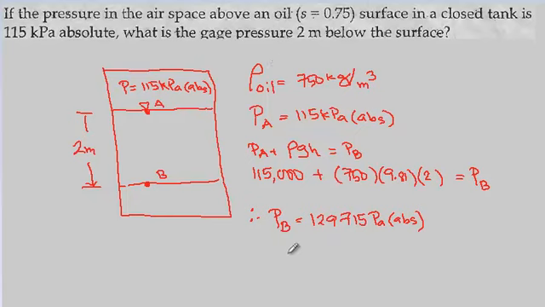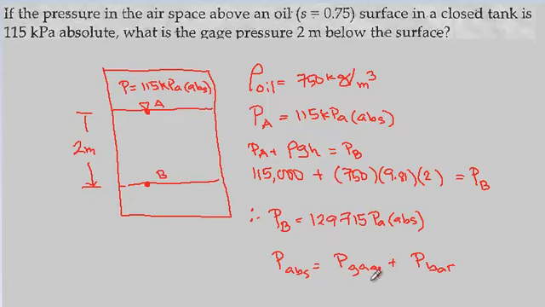So how do you get gauge from absolute? Always, P absolute is simply equal to P gauge plus P barometric, meaning the pressure of the atmosphere in the surrounding air.